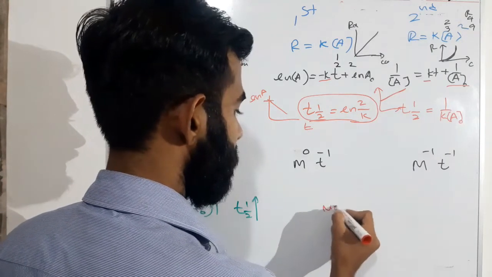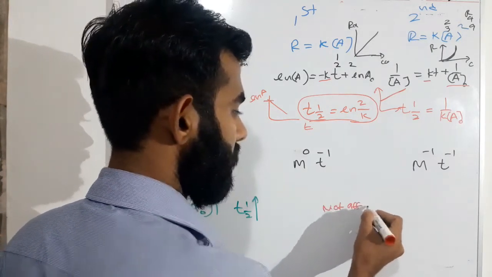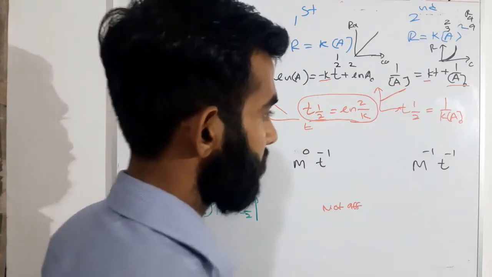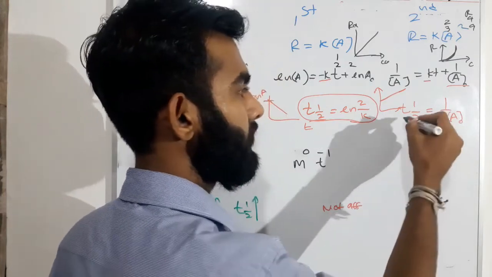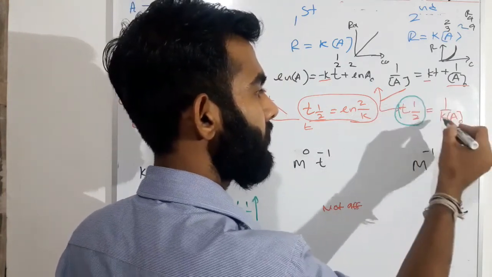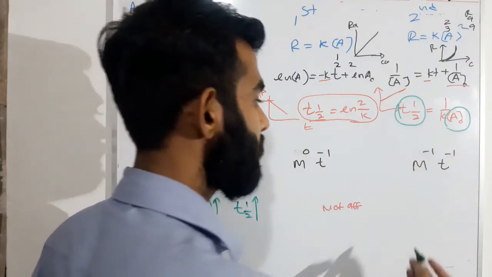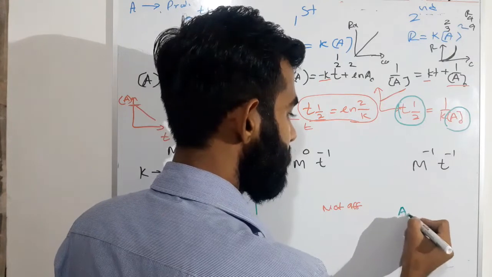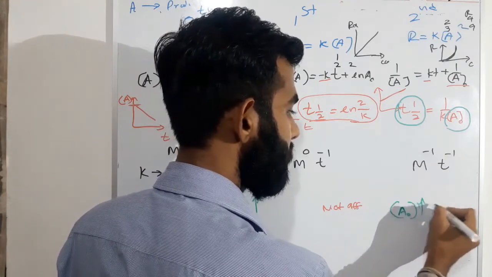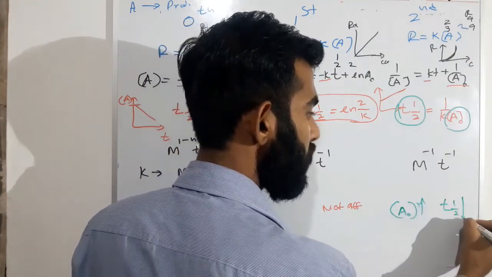Not affected. However, in second order reactions, the thing is opposite, because T half is inversely proportional to initial concentration. That means if initial concentration is higher, T half will be lower.